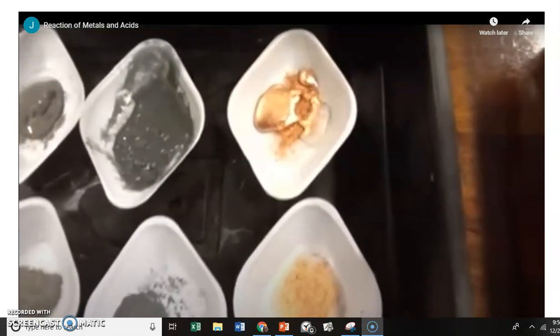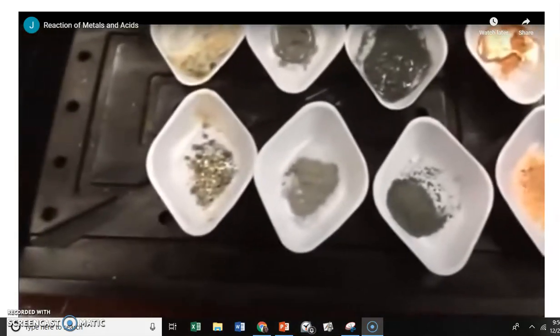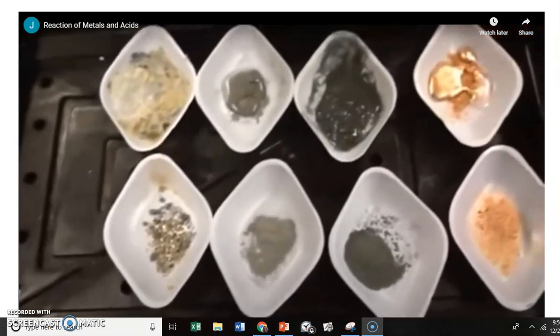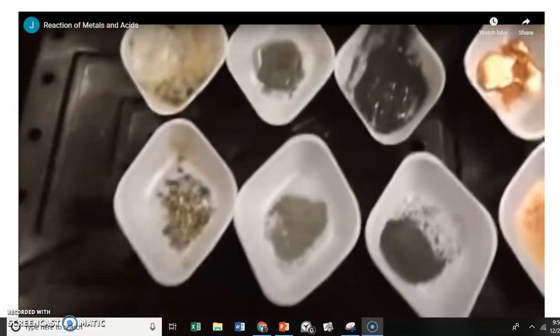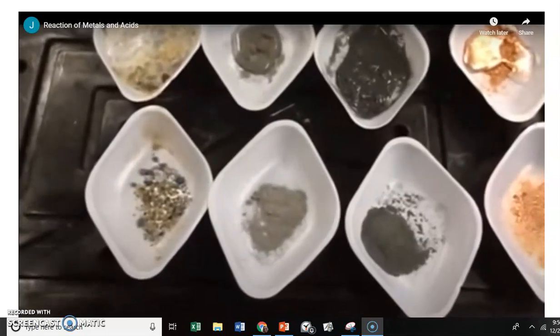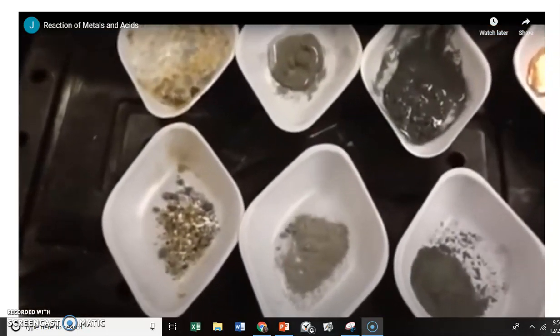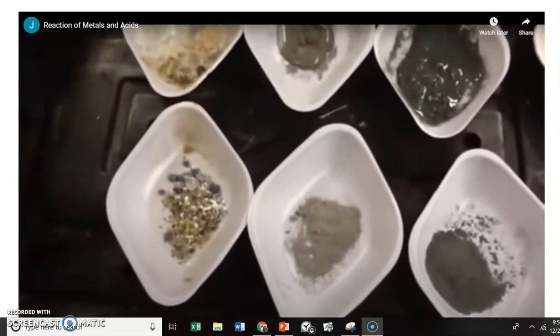So now we're going to repeat the same reaction with hydrochloric acid. And again, to make a fair comparison between each, we're going to add the same volume of acid using a dropper method. So first we'll start with the calcium.